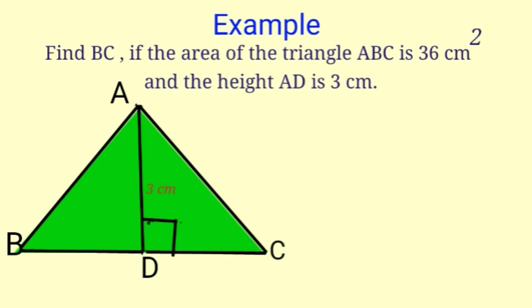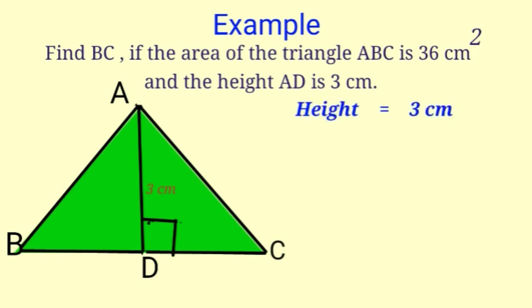Now consider the example. Find BC. If the area of the triangle ABC is 36 cm square and the height AD is 3 cm. Here the area of the triangle is 36 cm square and height is 3 cm.